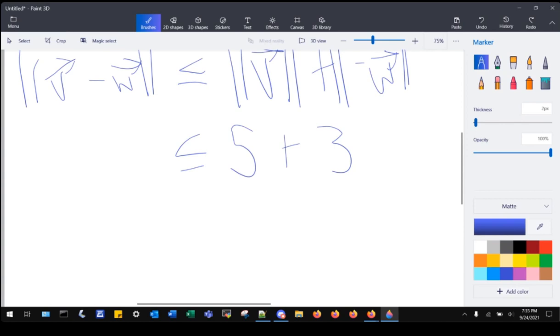If they're perpendicular, then their dot product will be 0. If they're parallel and facing the same direction, the dot product will be just the magnitudes multiplied together. I think that can be proven using unit vectors.